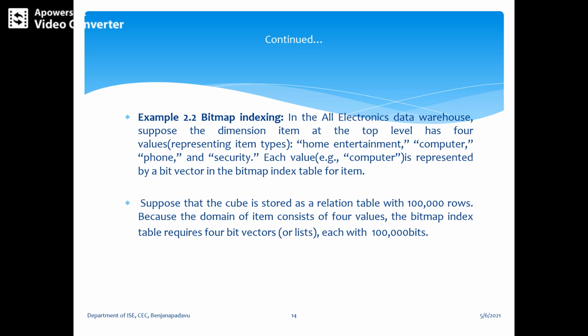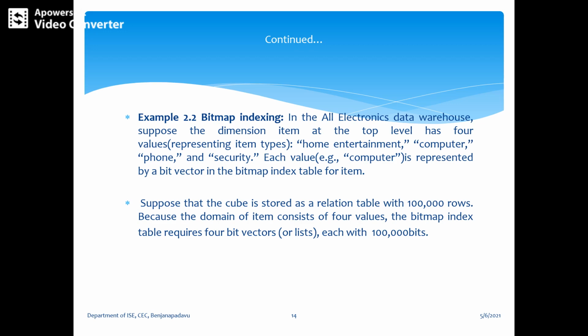Suppose the cube is stored as a relation table with 1 lakh rows. Because the domain of the item consists of four values, the bitmap index table requires a 4-bit vector or list for each of the 1 lakh rows.